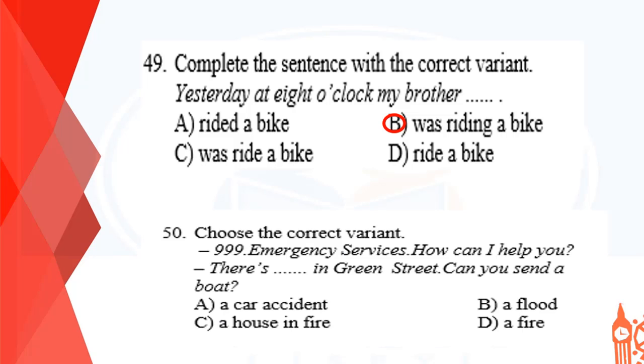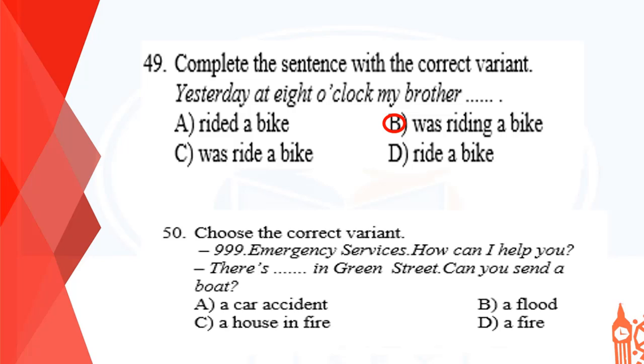This is the last question of the test. After reading the dialogue, you have to choose the correct variant according to its meaning. Let's read the dialogue. 999 Emergency Services. How can I help you?